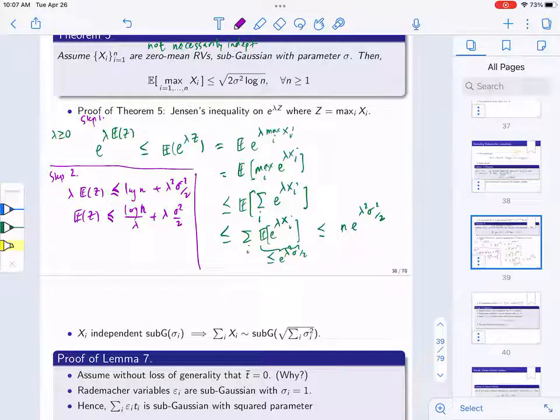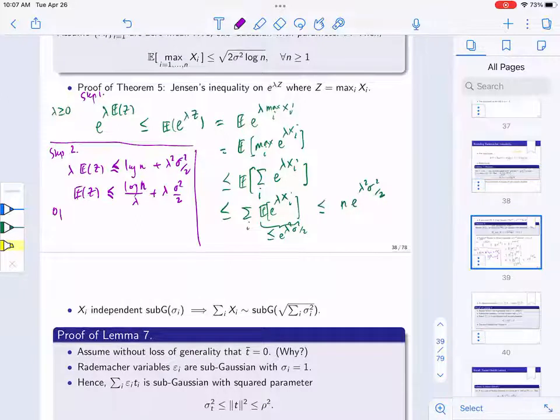Optimize, yes, try to minimize this. Usually in these cases the minimum happens if you set the two terms equal. You can also take the derivative and set it equal to 0, which gives the same thing. So what I get is lambda squared equals 2 log n divided by sigma squared, so lambda is root of 2 log n over sigma squared.